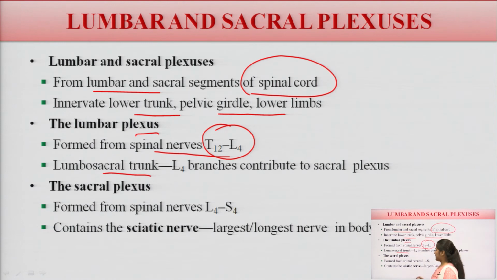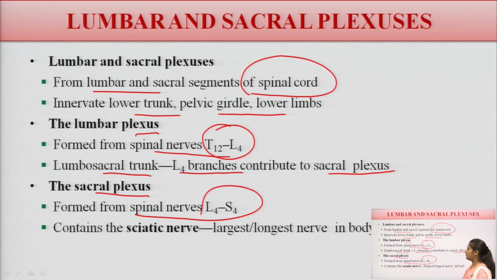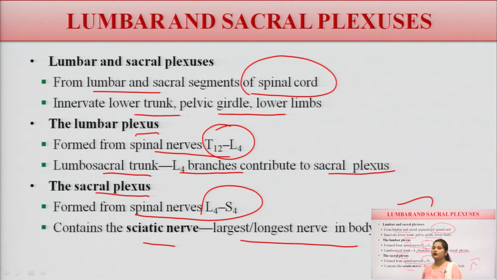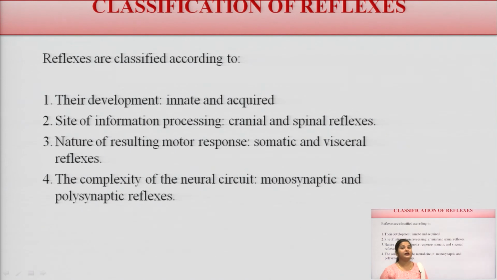So, lumbosacral trunk is a branch contributed to the sacral plexus, and this sacral plexus is formed from the spinal nerves L4 to S4, that is lumbar 4 to sacral 4. Now, it also contains the sciatic nerve, that is the largest and longest nerve of the body. So, this is the largest and longest nerve of the body, that is the sciatic nerve.